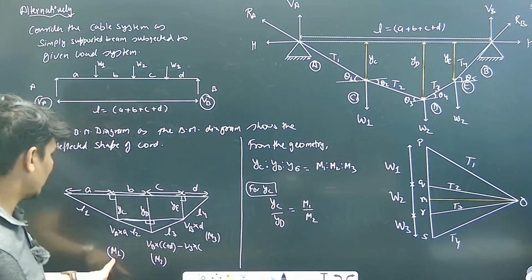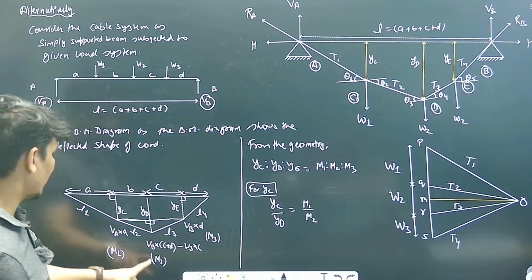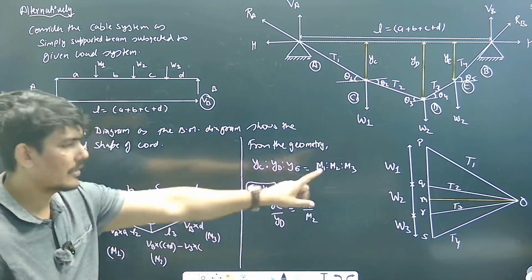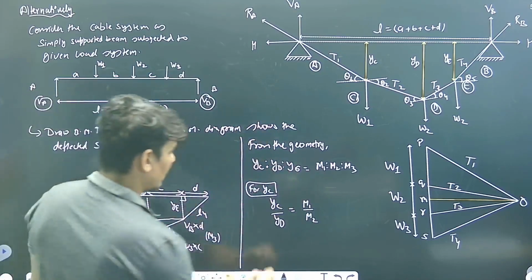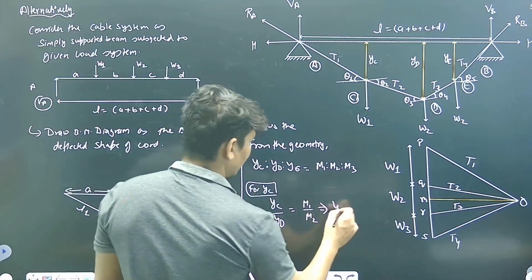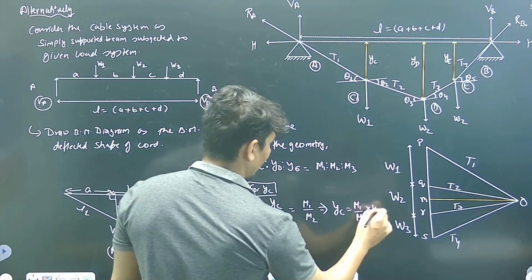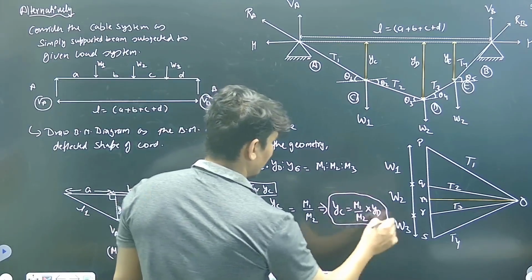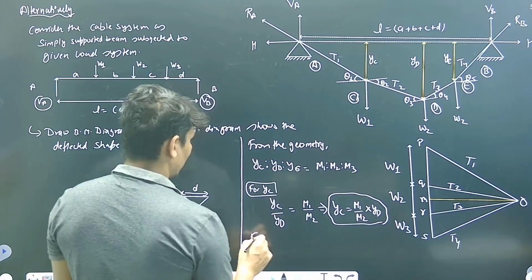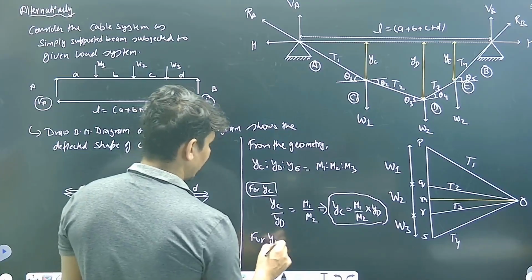M1 is known to us, M2 is known to us, YD is already given in the question, the maximum dip. So from here, YC can be easily calculated as M1 by M2 into YD. By the same concept, you can calculate YE as well.